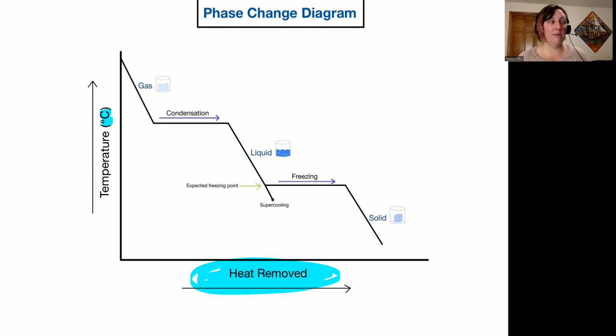You can remove heat from a system by putting it in someplace colder, because the heat will spontaneously transfer to the surroundings that are colder. So like putting it in a fridge or in a freezer would do the trick.